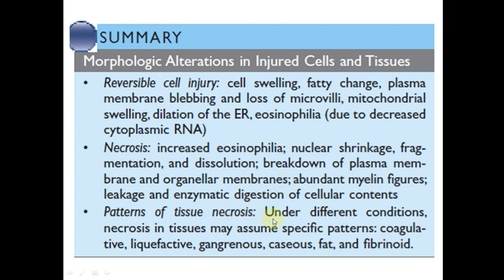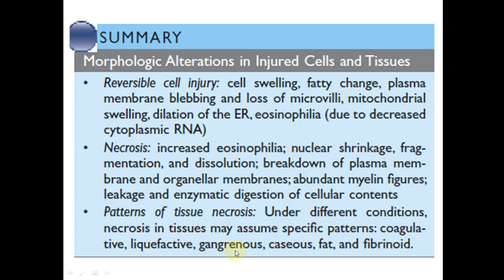In the patterns of tissue necrosis, we discussed coagulative necrosis, which usually occurs as a result of ischemic and hypoxic injury, and liquefactive necrosis, which will occur when there is superadded bacterial infection. One important thing is that in the central nervous system only liquefactive necrosis occurs, and there is no coagulative necrosis.